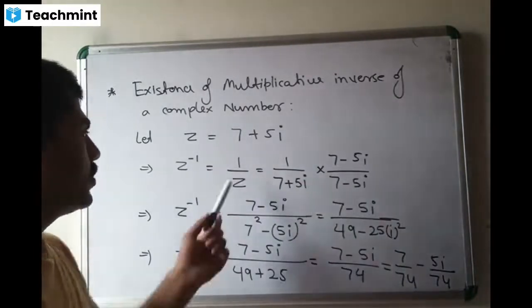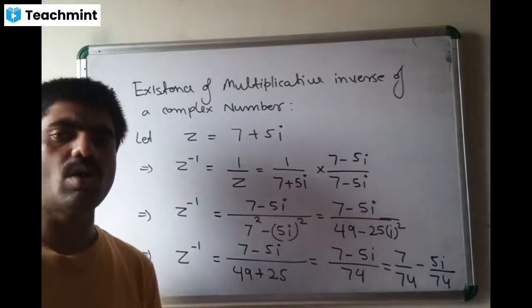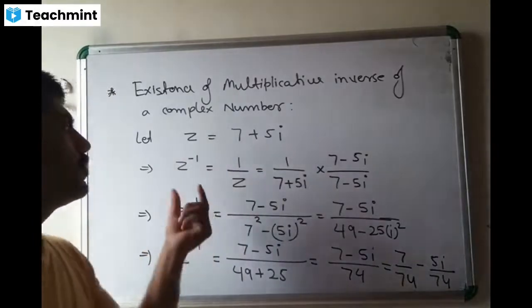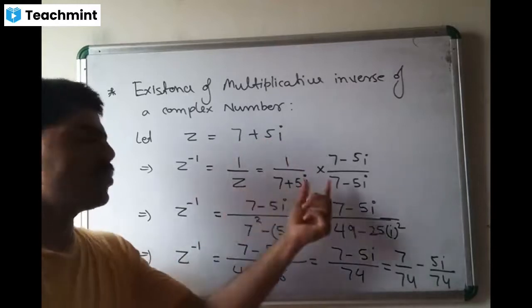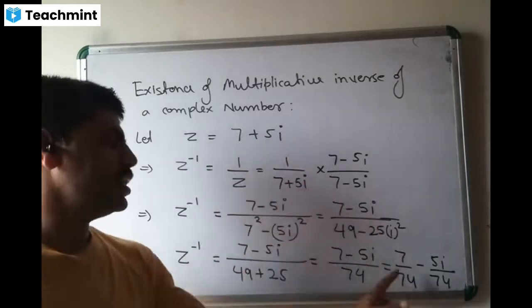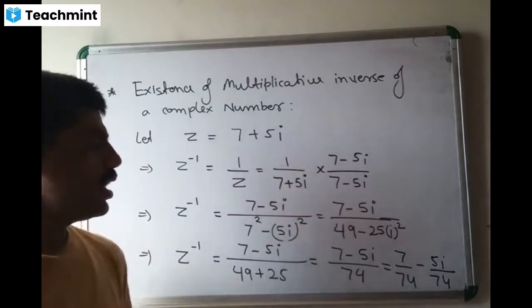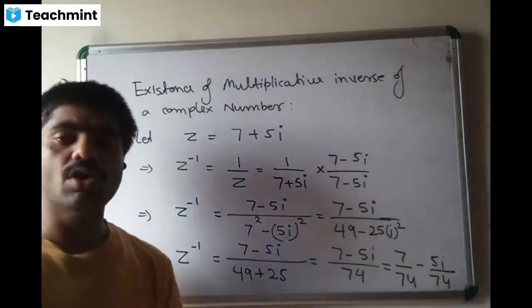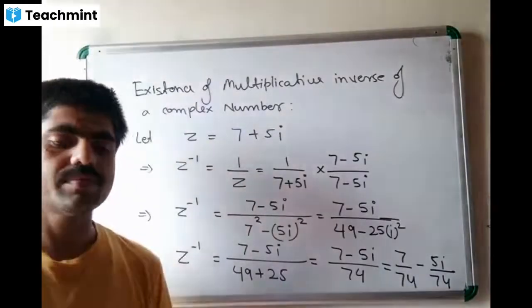So in this way you will get the multiplicative inverse of the complex number. Simple. First of all, you find its reciprocal and now rationalize it, and you'll get the multiplicative inverse of the complex number. Yes or no?